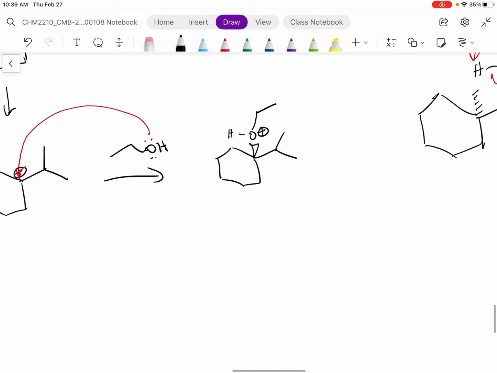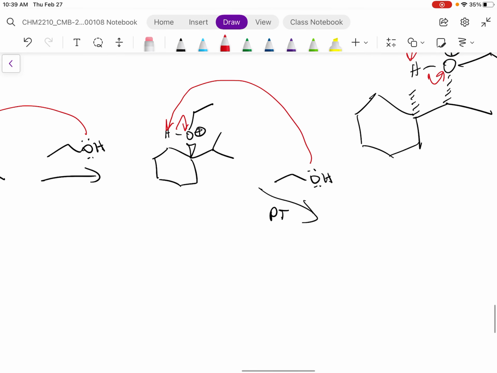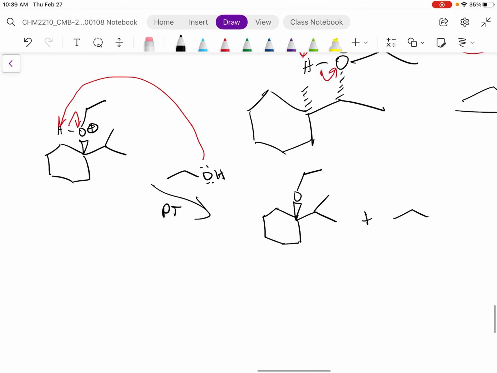And then we would do, just like we did with the other examples, a proton transfer step in which that would come in, grab that proton to give us our final product here. Keep it consistent, I guess. We'll go, okay, plus our ethanol that's been protonated.